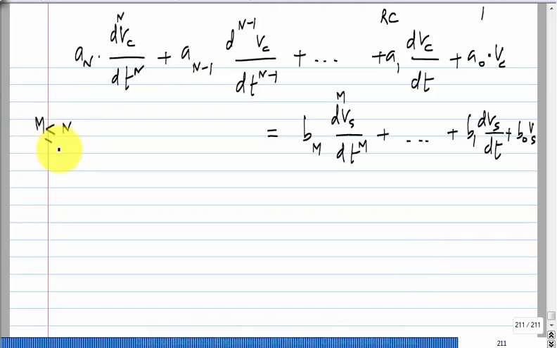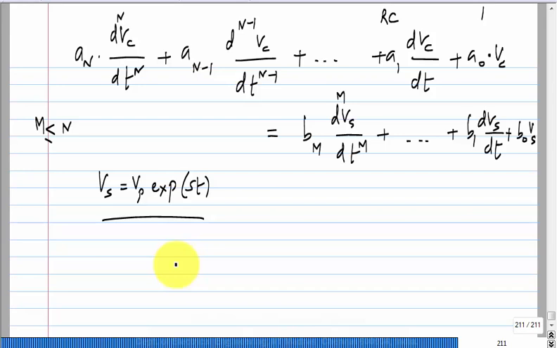Now, let us say Vs is an exponential. How would you find the forced response part? The natural response, of course, you will have to find separately. But the forced response, what would you do?